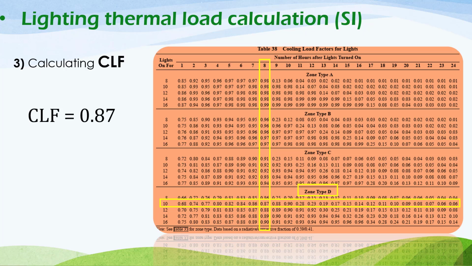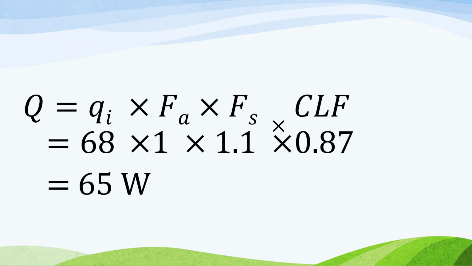So by that way we have detected the cooling load factor, and finally we multiply those factors by each other to get the final thermal load of the lighting system to be the total luminaires power of 68 watts times the fraction of in-use watts of 1 times the ballast factor of 1.1 times the cooling load factor of 0.87. Hence we get a total thermal load of those luminaires in this printer room of 65 watts.